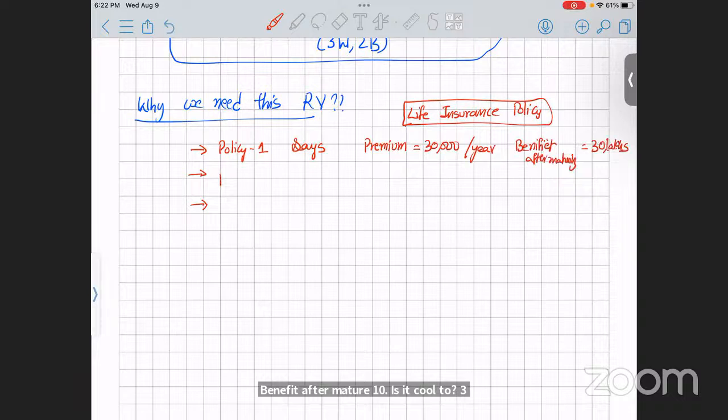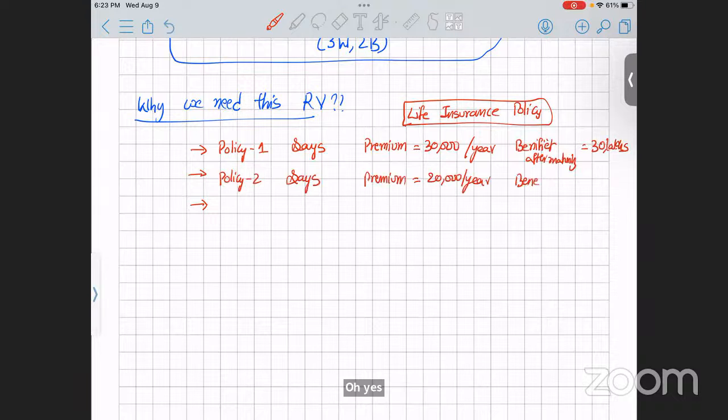For suppose policy two says premium per year and benefit is equal to 20 lakhs. Policy three premium is 25,000 per year and benefit is 20 lakhs. Now listen this carefully.